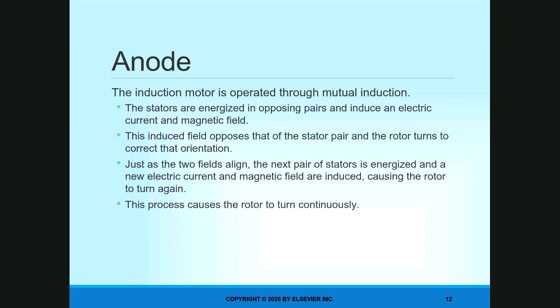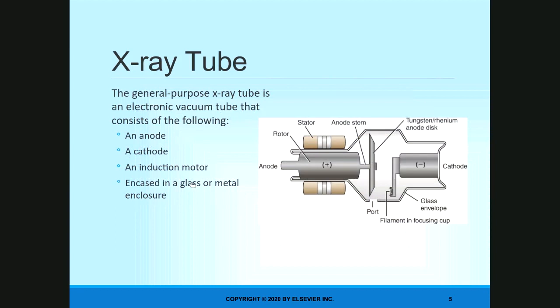When we look back at this picture, the stators get supplied with electricity, and they become a magnet, which causes this to spin. And since this is attached to it, it causes the anode to spin as well.